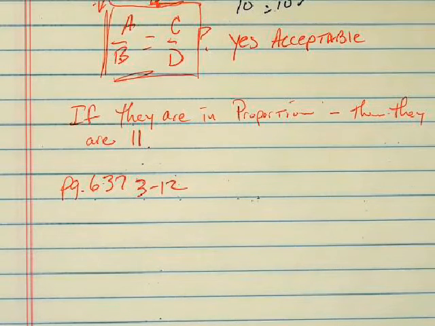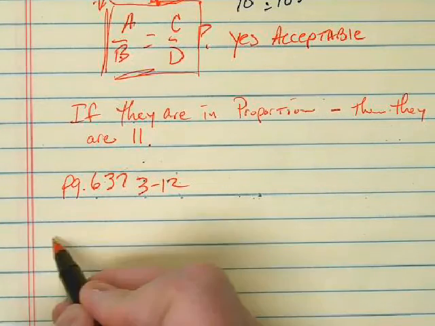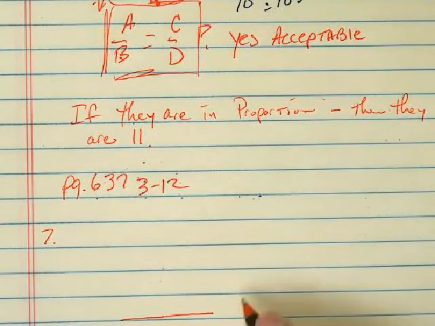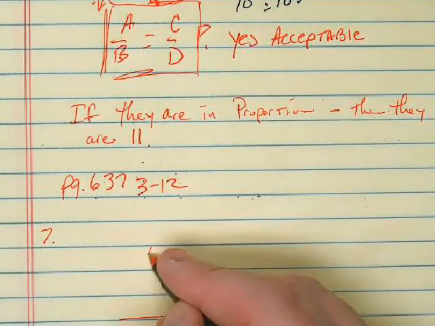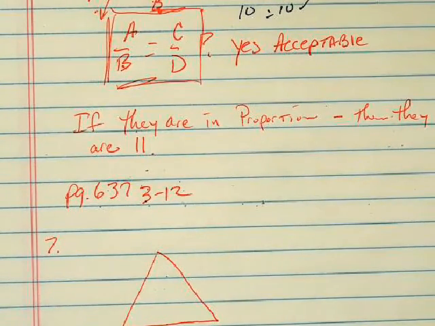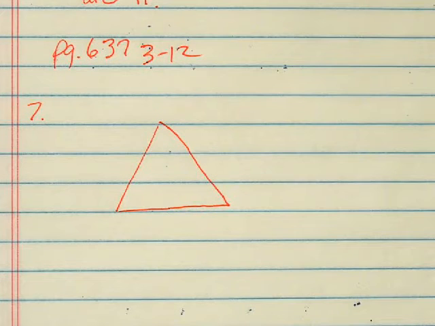Okay, so let's take a look at number 7. All right, so I'm going to draw it up here. We go number 7. This is your homework. We got a line here. Let's focus in a little bit more.